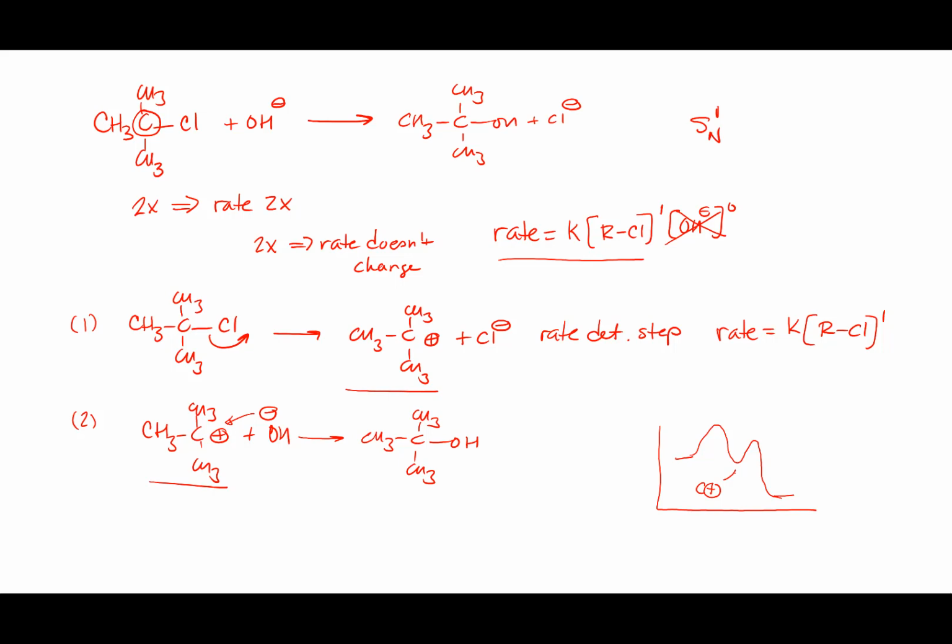And the real simple structural parameter is a tertiary carbocation is more stable than a secondary carbocation, which is infinitely more stable than a primary carbocation, because a primary carbocation does not exist this semester.